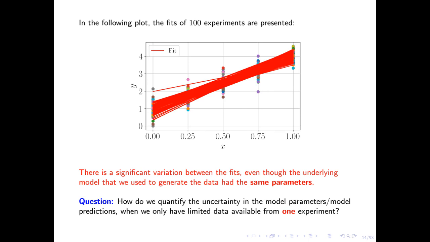But there are also some applications, and this is typically the applications I work in, where we have very limited data. The data are very expensive, and we still need to make decisions based on that. And so we are uncertain now what the exact model is in this case. And so we still need to be able to make decisions from one experiment. We don't necessarily have the luxury to repeat an experiment 100 times.